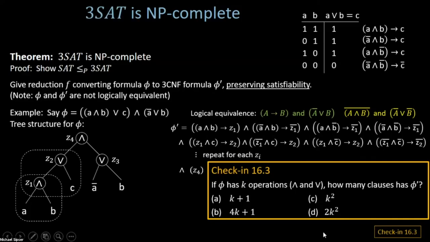So if you understood what I was saying, hopefully you can see how big the formula phi prime is in terms of the number of operations in phi. So let's see how many people get that. I acknowledge this may be a little on the technical side. Okay, I'm going to close it down. Please enter your value.